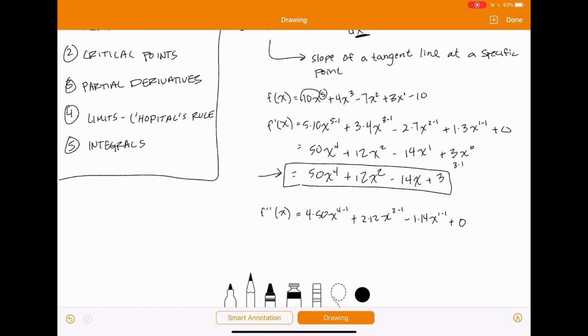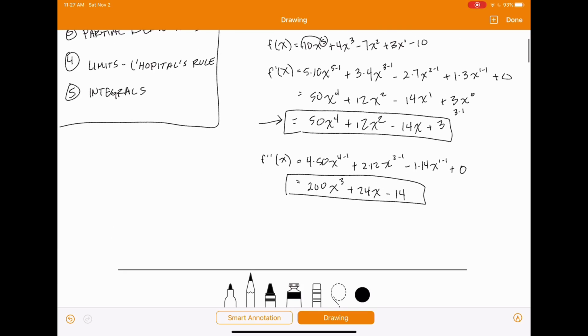And that would be 200x cubed plus 24x minus 14. And that would be your answer. Now, if you wanted to find the third derivative, so f triple prime of x, it would just be the derivative of this line. All right?